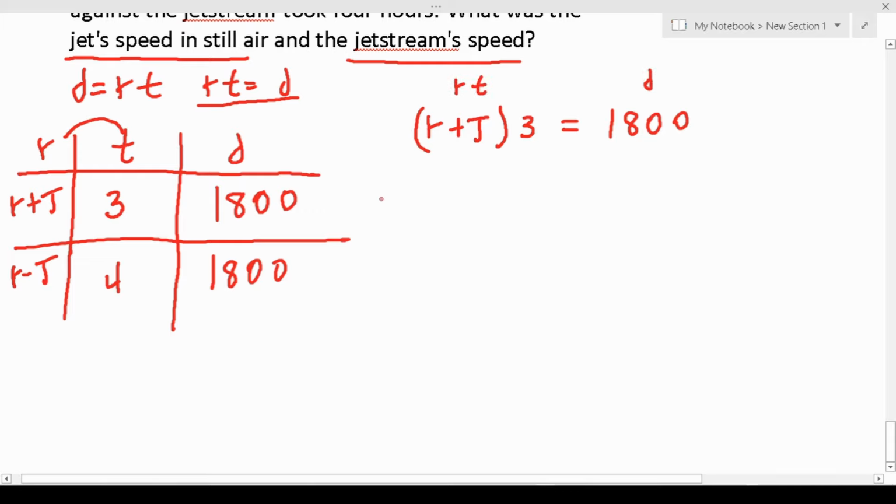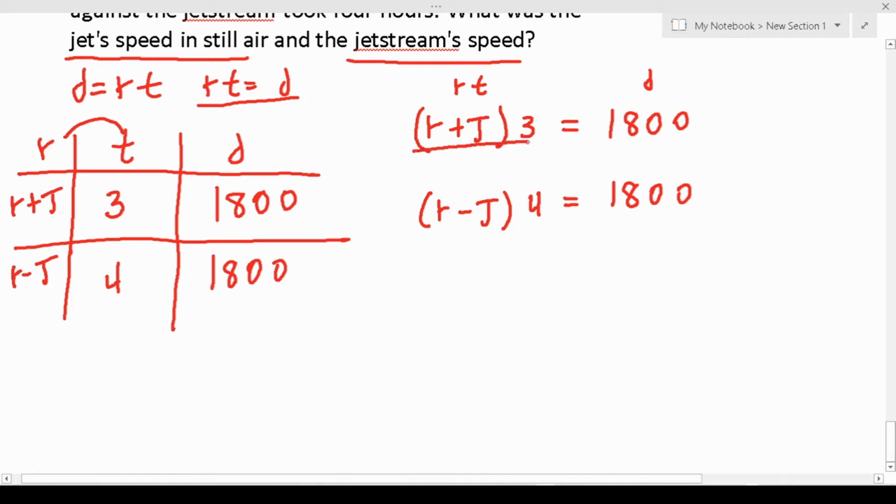This is the first scenario. Now we have r minus j times 4 equals the same 1,800. Again, that's r times t equals d. At this point, we have a few options. As you can imagine, we want to make an effort to simplify these problems as much as possible before we start doing the algebra required to solve them.